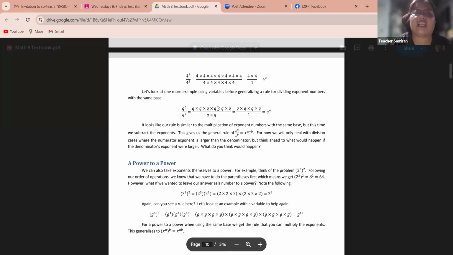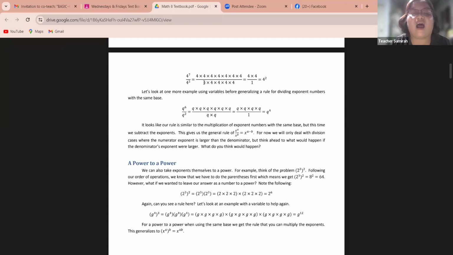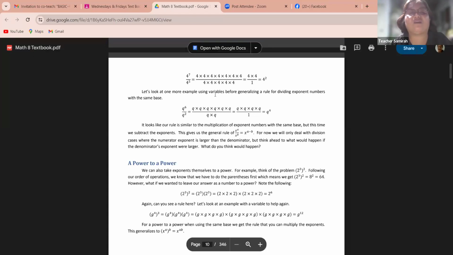They use cancellation. For this one, 4 with the power of 7 divided by 4 with the power of 5, they simply illustrate it by writing 7 fours and 5 fours: 4 times 4 times 4 times 4, 7 times, as well as 4 times 4 times 4, 5 times. What they did was cancel as many fours from the numerator as there are in the denominator.